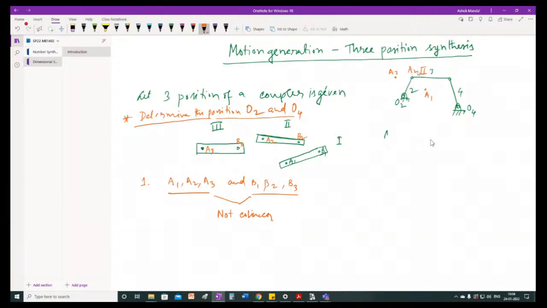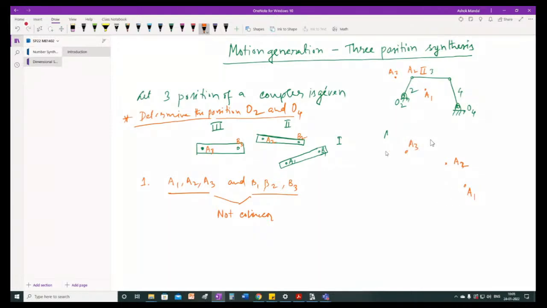Now suppose for any problem, A1, A2, and A3 are given. How to find out the center? It's very simple. Suppose we have three points A1, A2 and A3.